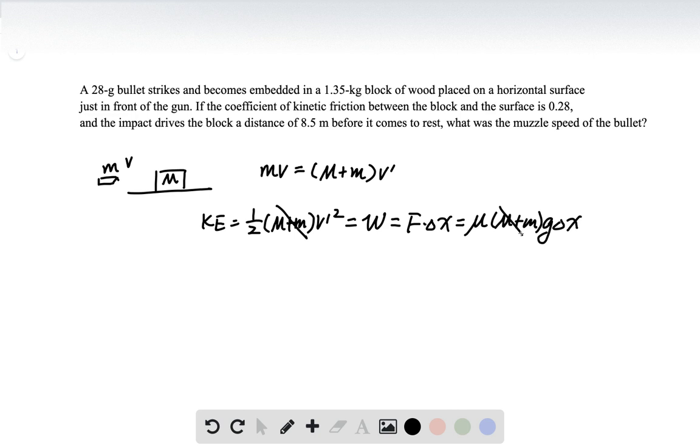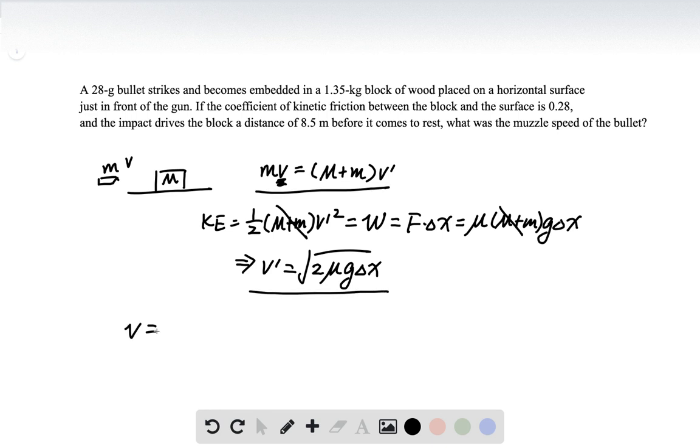So the mass will cancel, and then we get this relationship that v prime equals square root of 2 mu g delta x. Now if we want to know the speed of the bullet, that is, we want to know v, we can get this from these two expressions. So v, if we rearrange the first expression, we get v equals big M plus small m over small m v prime.